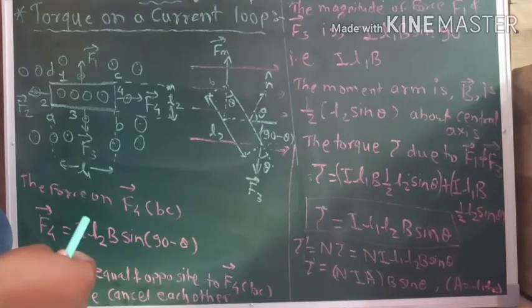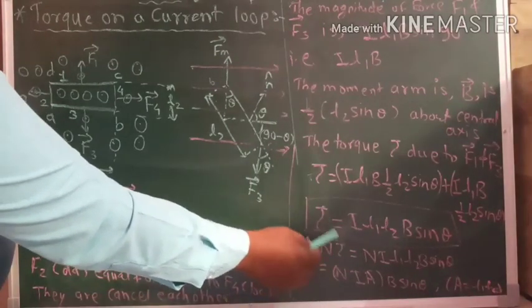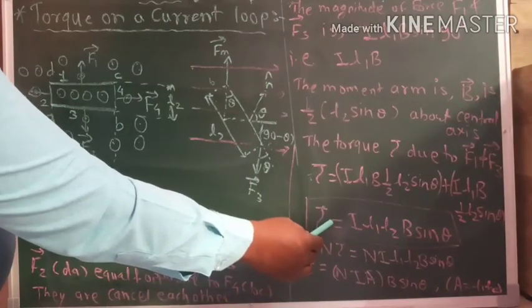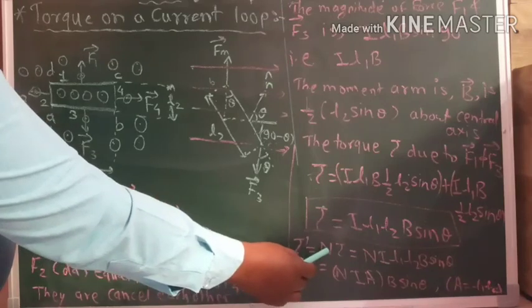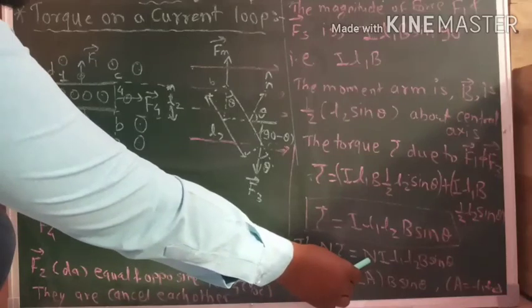We consider the number of turns of wire N, which is multiplied to tau. This is the torque on the single coil. Therefore the number of turns N is multiplied to this torque, that is, tau dash equals N tau.